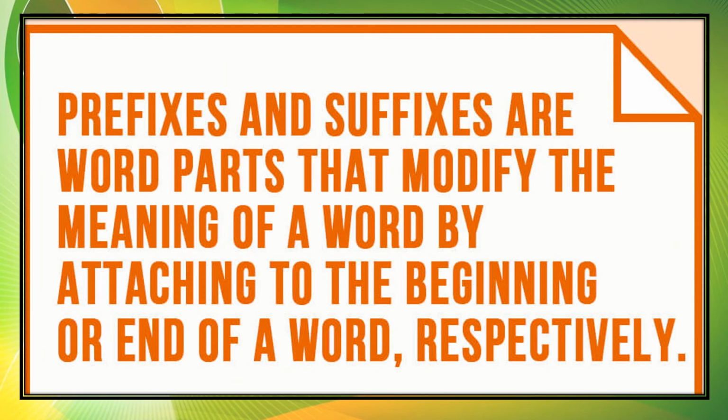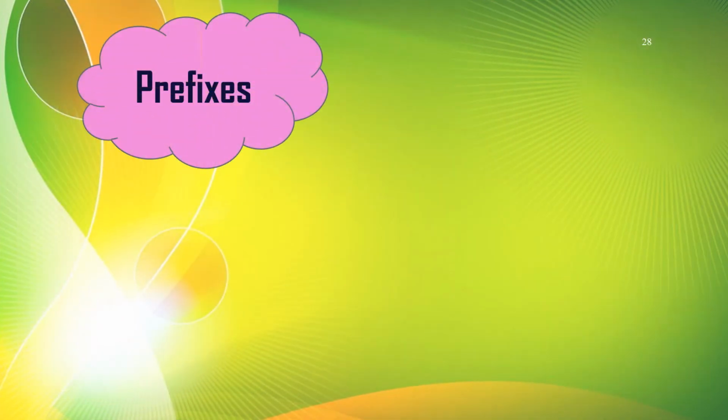So read this, what we have learnt yet. Prefixes and suffixes are word parts that modify the meaning of a word by attaching to the beginning or end of a word respectively. Sometimes we add at the beginning of a word, sometimes we add at the end of a word. So let's revise.